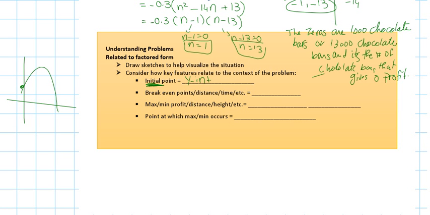Zero profit, right? If you made exactly as much as you spent, that means you made zero for your own pocket. $0. So your break-even is always when you're looking for your zeros. You're looking for your x-intercepts. So my break-even point is when I'm looking for the zeros.